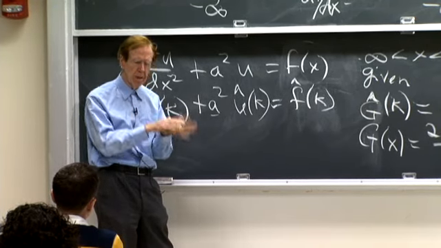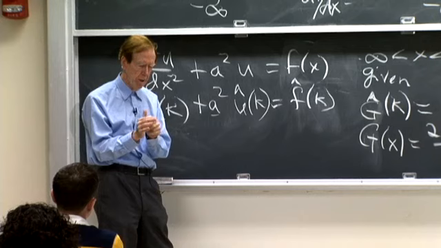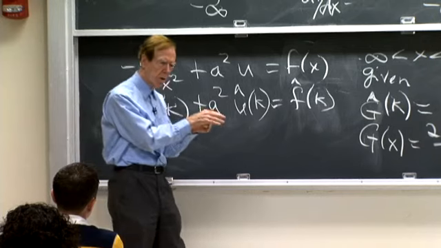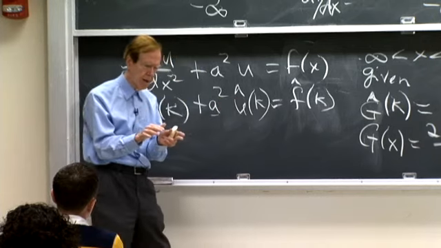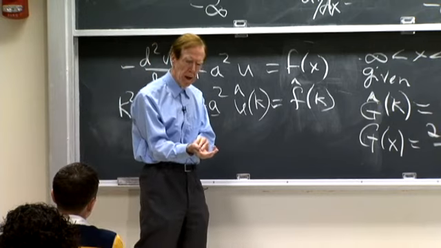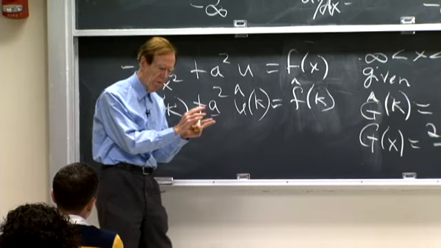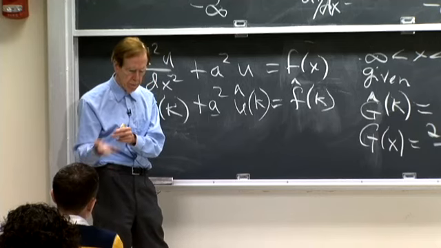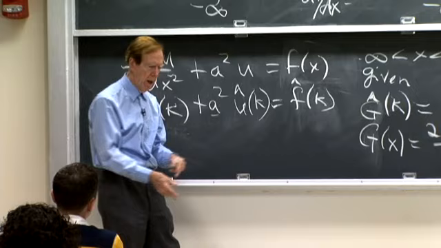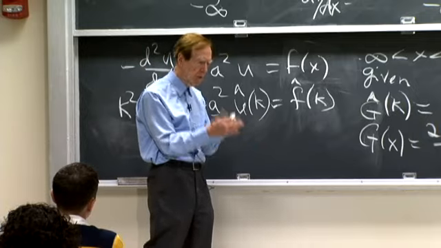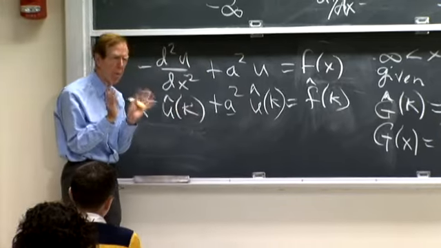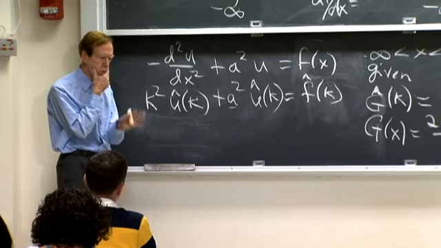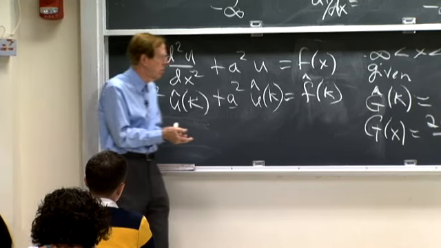If f of x is a combination of deltas, then our answer u of x is the same combination of the Green's function, right? If the right-hand side is some combination of this special delta, then the solution will be the same. This is just linearity, superposition, whatever short or long word you like to use.